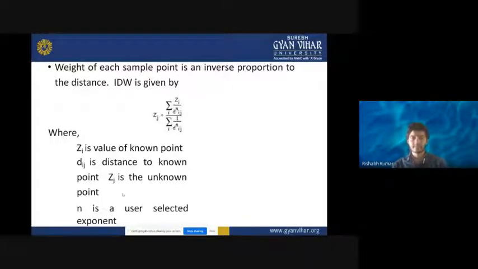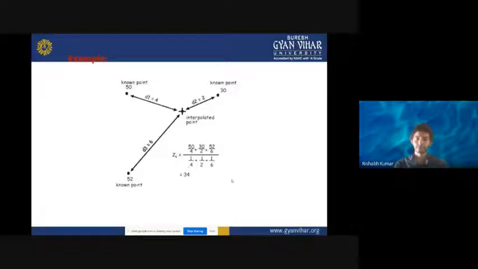Zj is the unknown point. N is a user-selected exponent. Okay, so this power n is going to be selected by the user. It can be 1, it can be 2, but we will do with n equal to 1, the most basic one. Okay, so suppose let us clear it with an example.